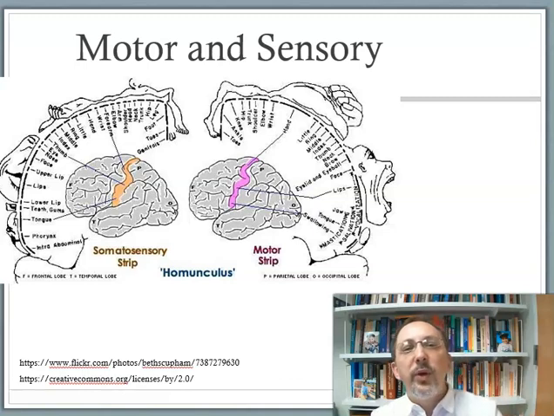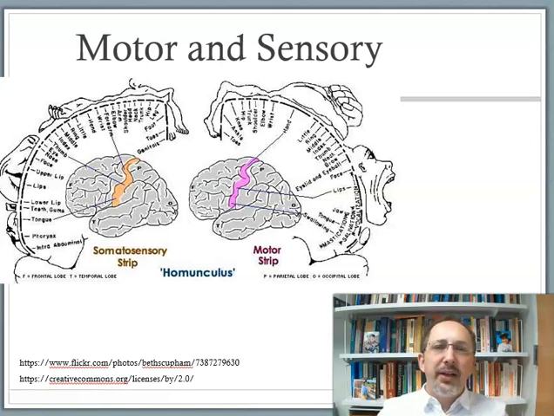So what are we very sensitive to? Well, if we look at the sensory component here, on the left, we see that our hands are very sensitive and our faces are very sensitive. A large portion of sensory processing is here. The trunk of our body, very little. It doesn't give a lot of information for us, right?